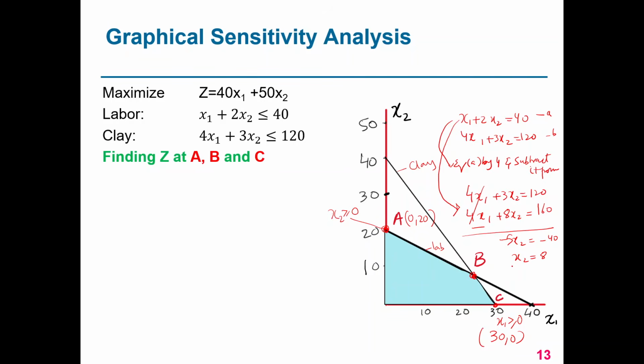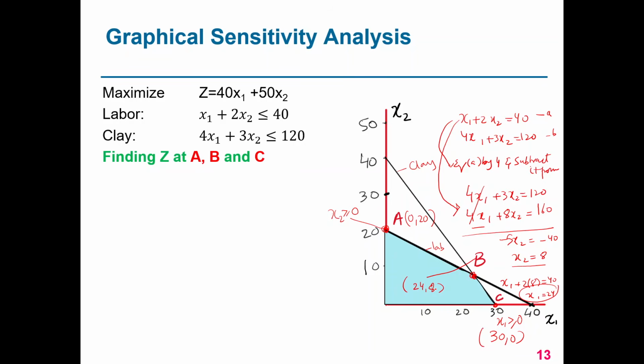And then if I put this value of x2 in equation A, I will have x1 plus 2 into 8 is equal to 40, or x1 equal to 24. So that means the coordinates of B are 24 and 8.